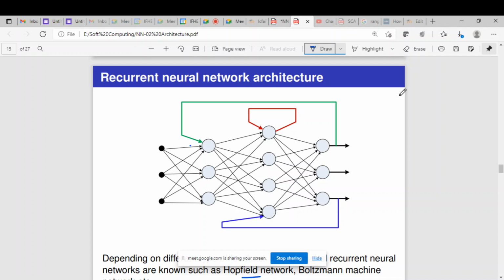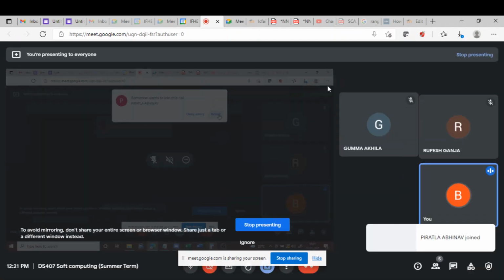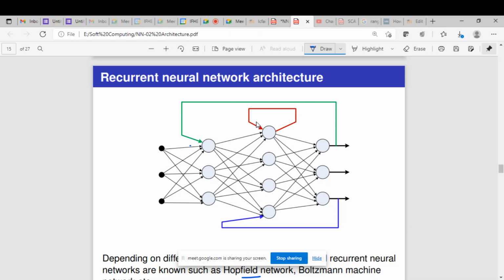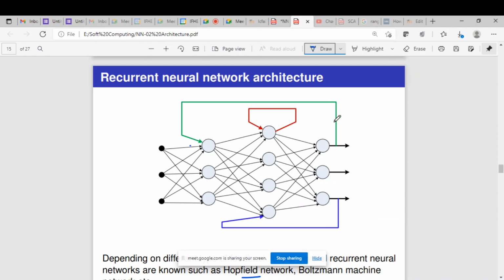In case of a recurrent neural network, the output of the neural network will be given as feedback to the input. This feedback can be connected anywhere. The output can be given directly as an input to the first layer, or as an input to some intermediate layer, or the output of one neuron can be fed back as an input to itself.